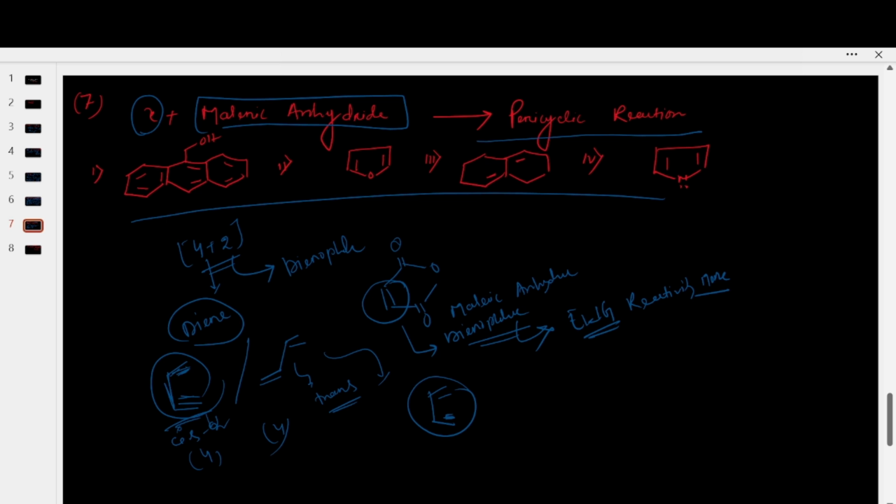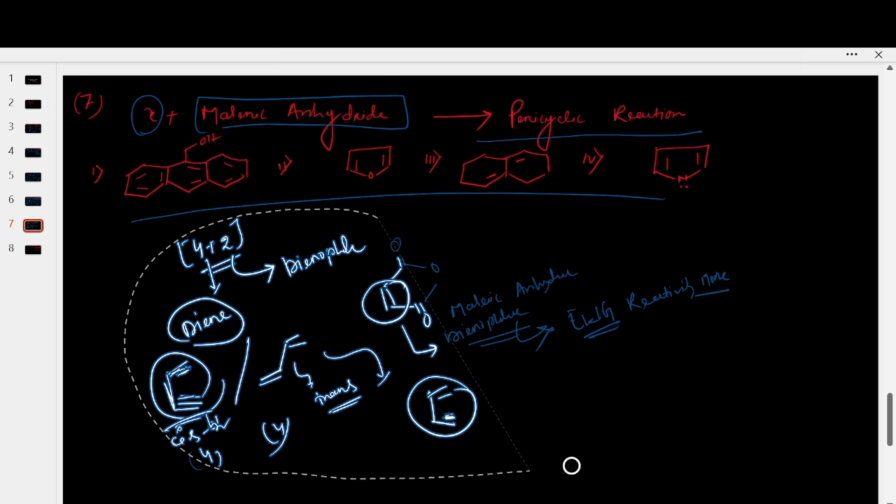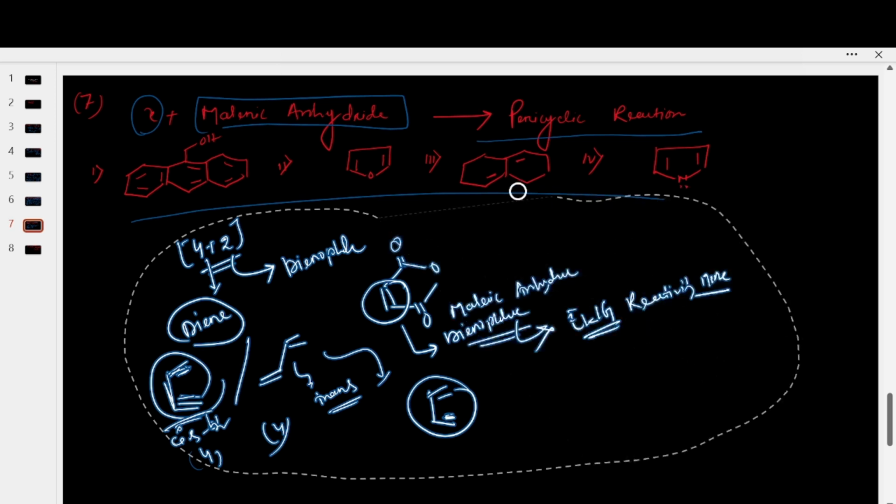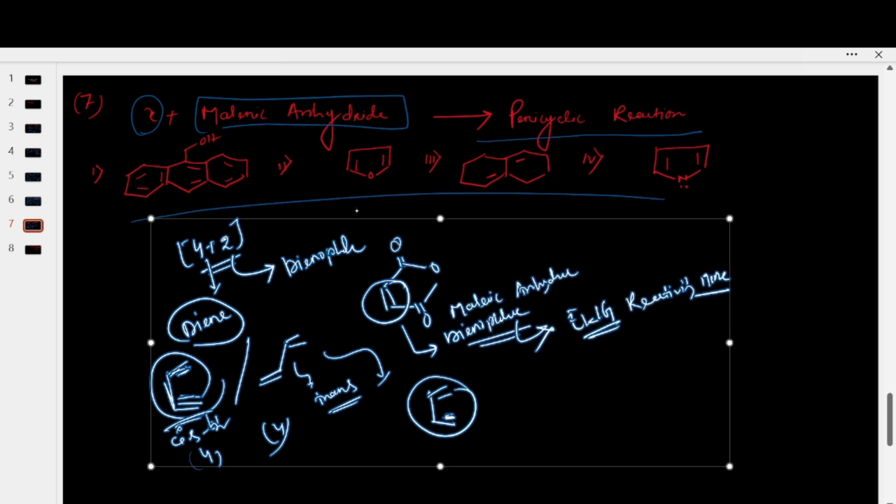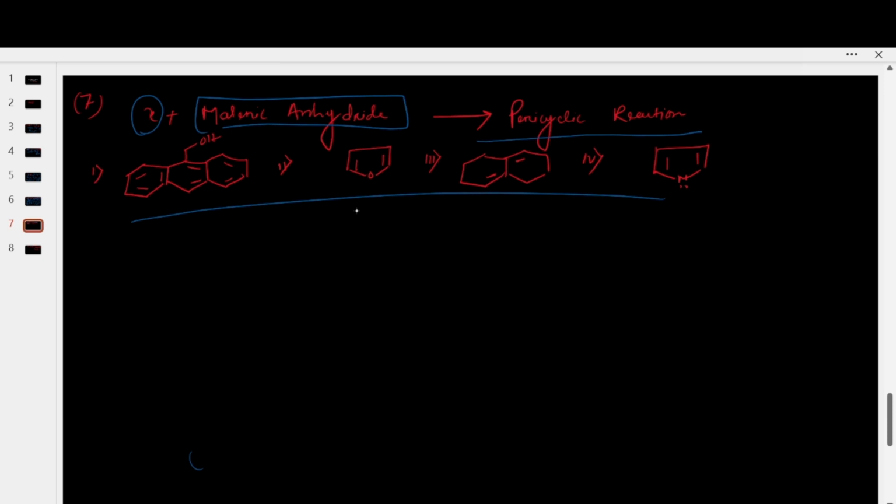So one may be the answer, or 2 or 3 or 4 out of 4. We have to look at which diene is more preferable for that dienophile reaction. We need a source of 4 electrons in cis conformation, because trans cannot undergo Diels-Alder reaction.